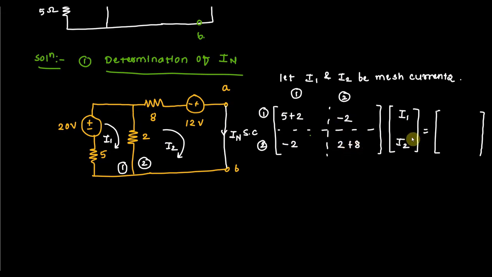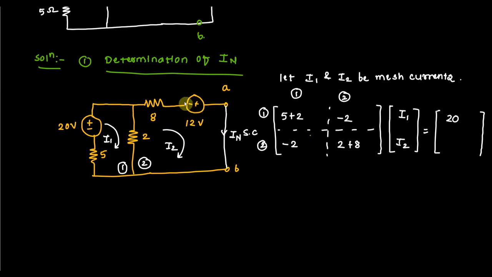Now you see the voltage here. In the first mesh, when you follow this direction, negative will become positive, so it is a voltage rise. So it is plus 20. In the second mesh there is again a voltage.